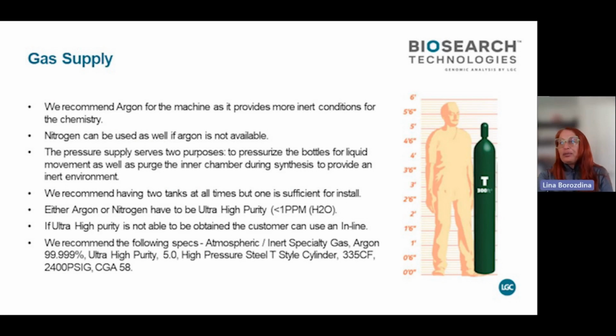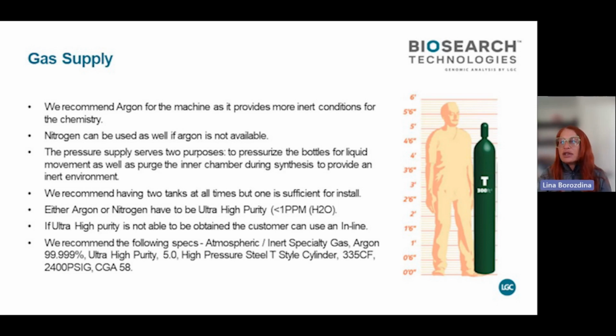Gas supply. Each instrument works with an inert gas. There are three gases that are used in combination with oligo synthesis: nitrogen, argon, and helium. Helium used to be very popular because it used to be a very cheap gas, and it's one of the gases that doesn't make bubbles form in the line during the synthesis.